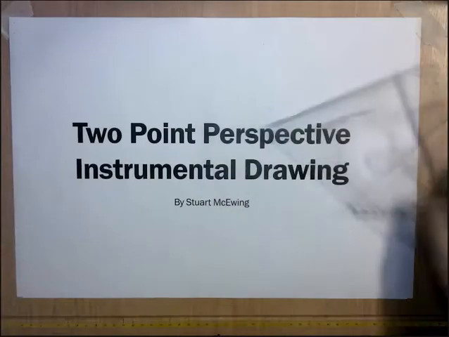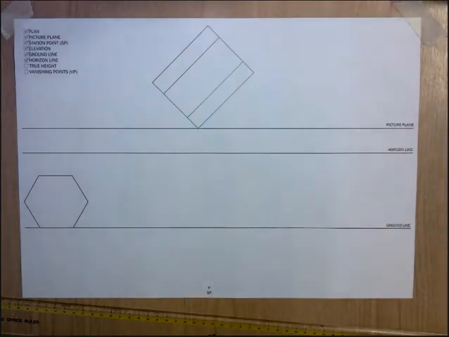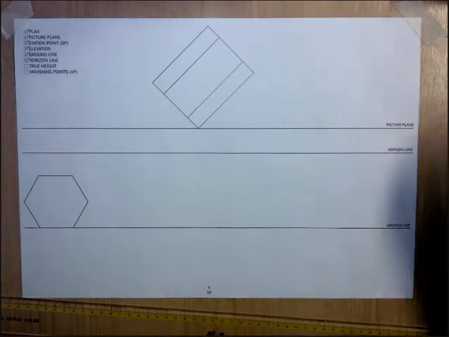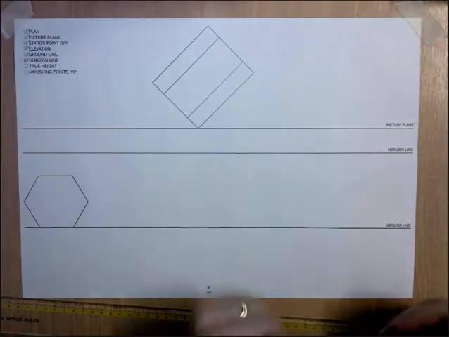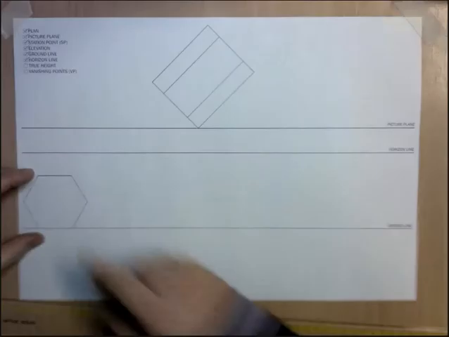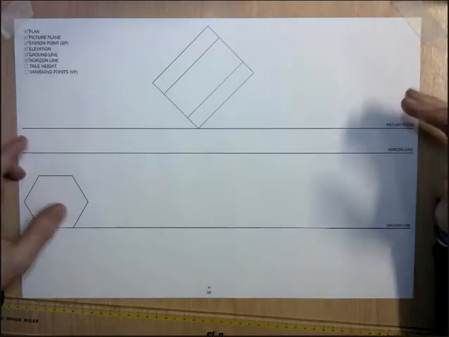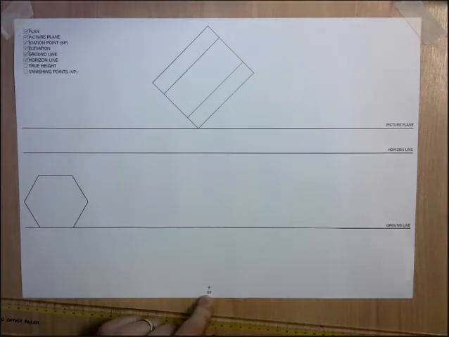This time, what we have in store is a hexagonal prism. It's just a hexagon. You can see the plan is up here, the elevation here. We've got our ground line, horizon line, and picture plane all set in place with our observer.